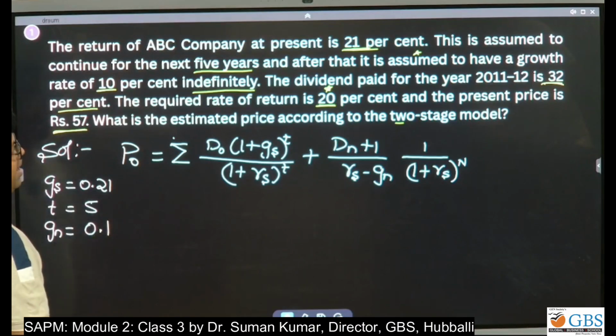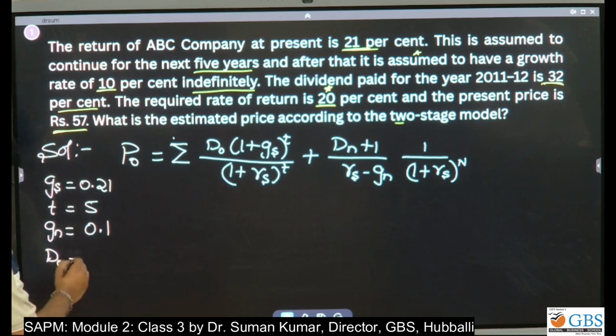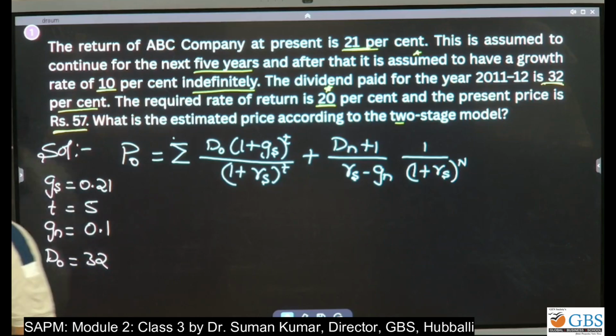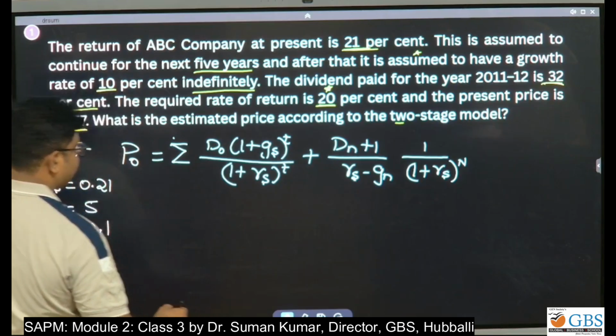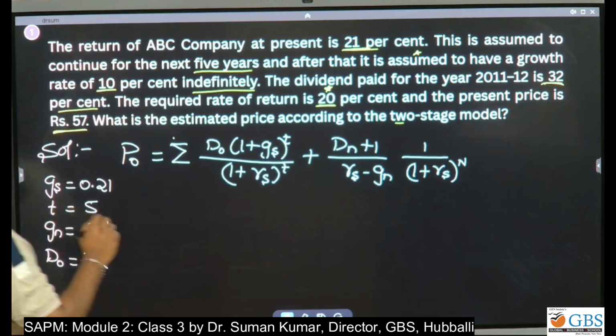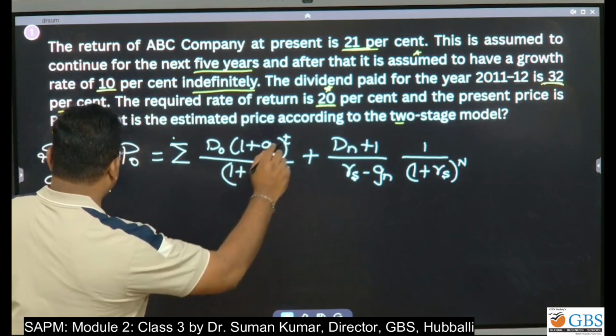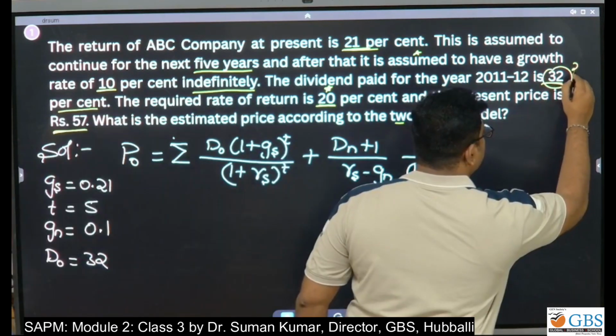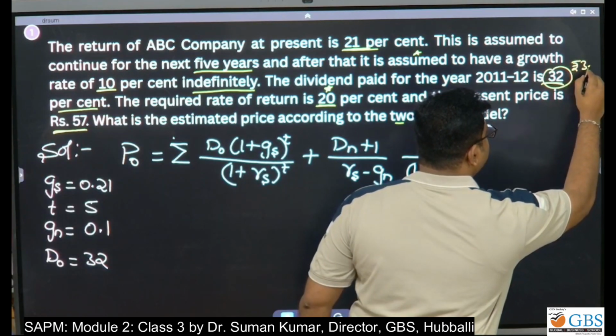The dividend paid for the first year, that is d naught, is 32. No, wait, there is a mistake, sorry, rupees 3.2.